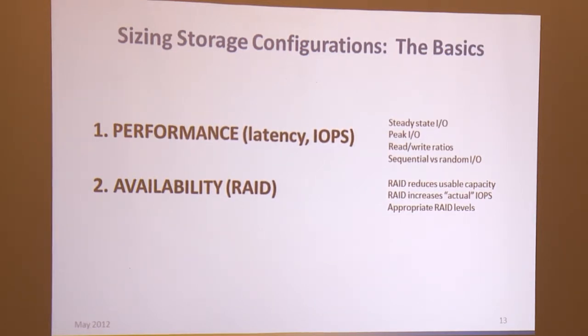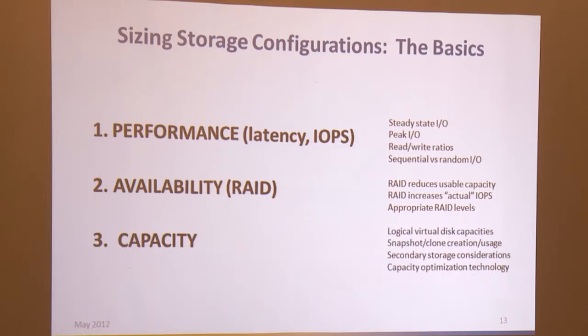RAID 5 is pretty good at reads from the point of view of its RAID. So what we'll often see is a very small amount of storage configured for RAID 1 type configs, where you might want to put the writes in those kinds of locations. And most of the rest of the storage that's handling the reads might be in a RAID 5. So there's less of an IOPS requirement on the RAID 5 side.